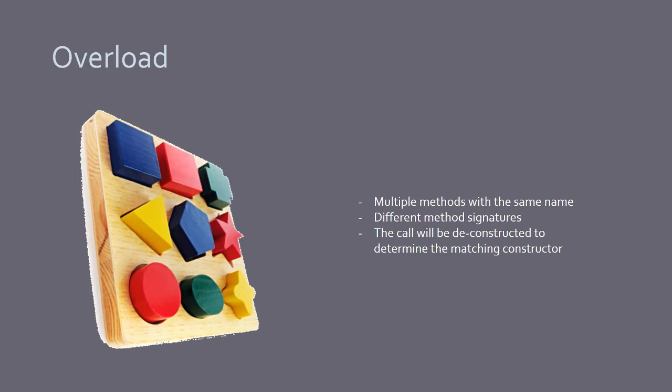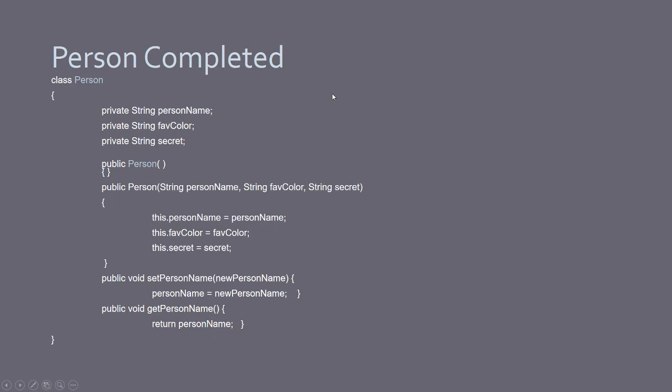The method signature involves the data return type, the method name, and all of the different parameters that the method expects to be passed to it. So the call to a method will be deconstructed to make sure the matching constructor is used or executed. So our overloads give us lots of capabilities.